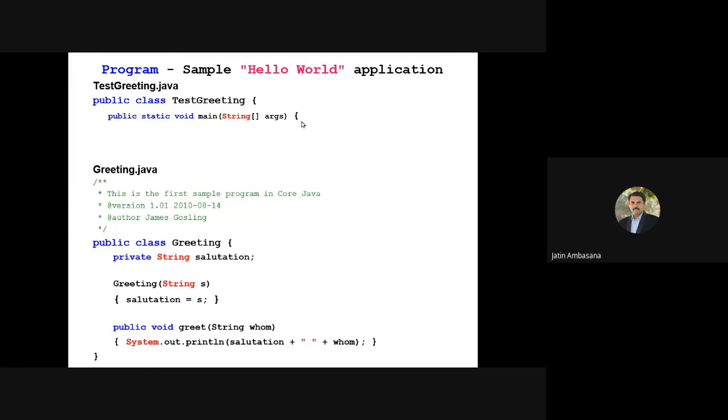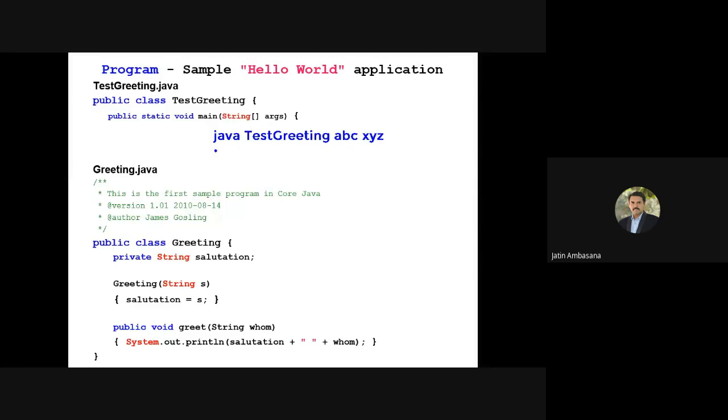So when this main method runs, if you pass some arguments, we can pass some arguments to it like this. Check this out. When we say java test greeting, suppose we pass some names to it like ABC, XYZ, right?